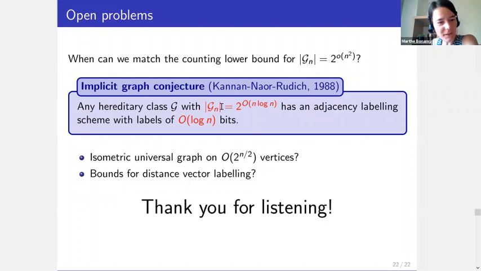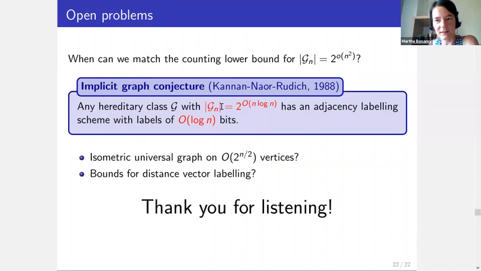So for the new notion of labeling, this vector distance labeling you introduced, you said it's hard to understand what's going on, but still you could have some intuition of what should happen there. Do you think it could be kind of like adjacency labeling, where the lower bound seems so far to always give the good one? I'm not saying it is true, I'm just saying so far we don't have any reason to think it's not true.